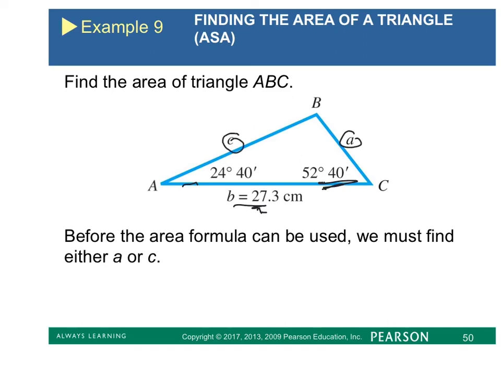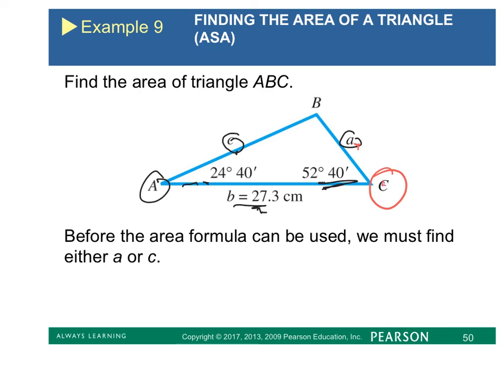That way, if I had side C, then my A is my included angle. If I had side A, then side C would be my included angle. You just have to decide which of those you want to find, which side you need to have the angle sandwich.